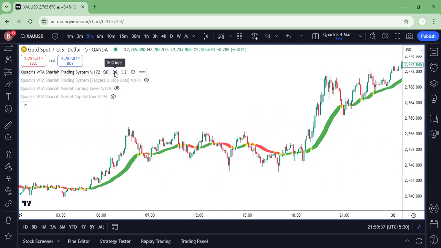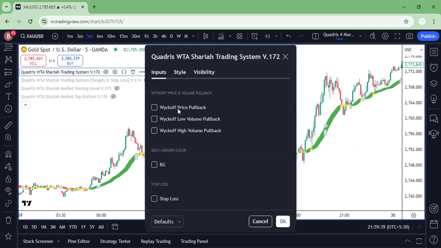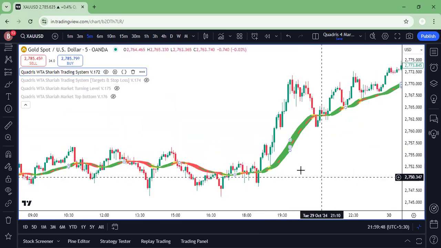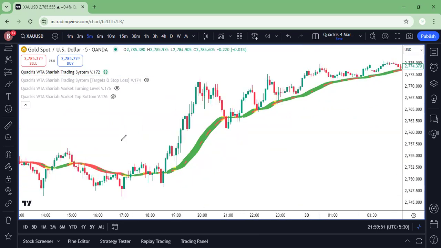But if I check this Wyckoff price pullback, now you can see you're getting these red lines.